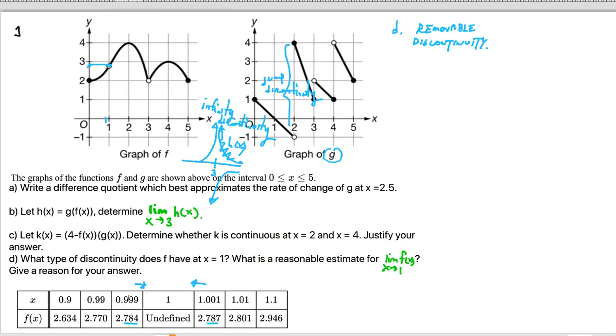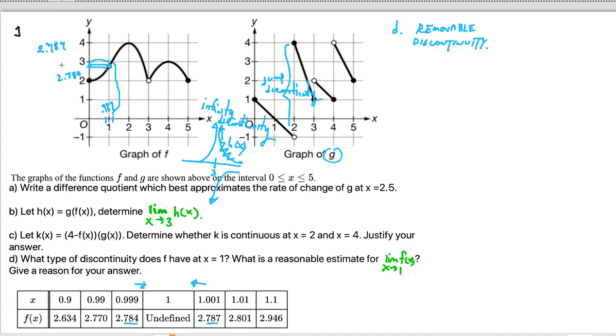This is just to the left of 1, and this is just to the right of 1. This 0.999 value right here is 2.784, and then just to the right of 1 is this value right here, 2.787.